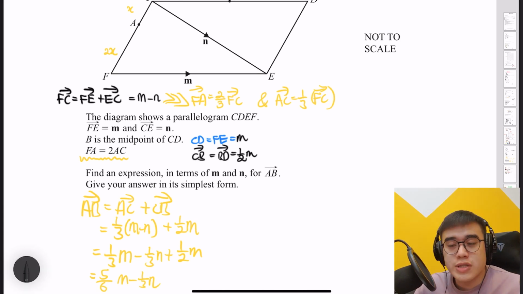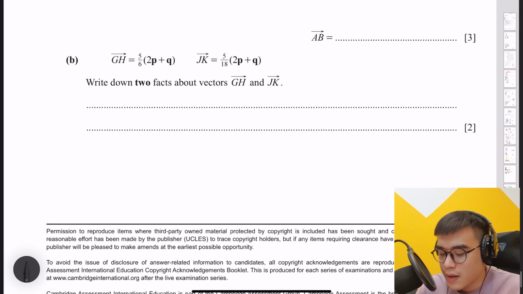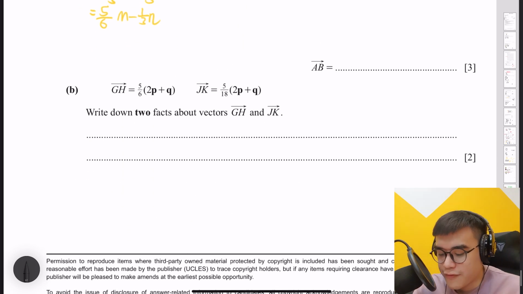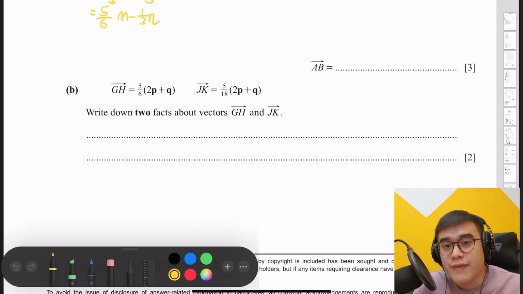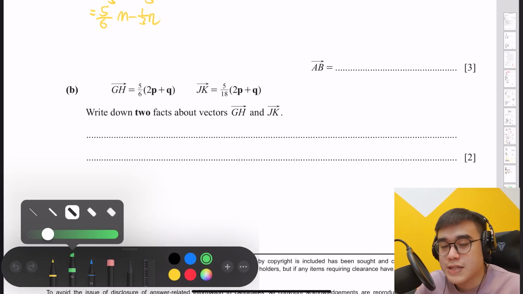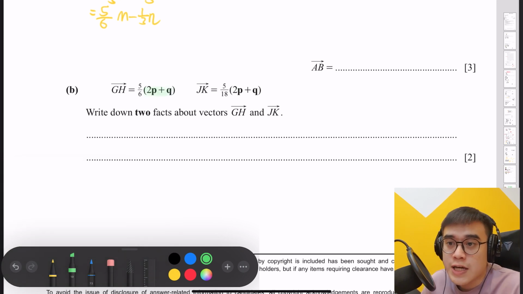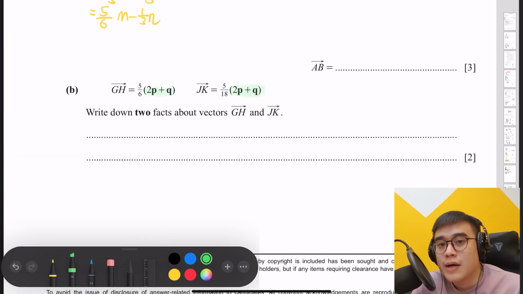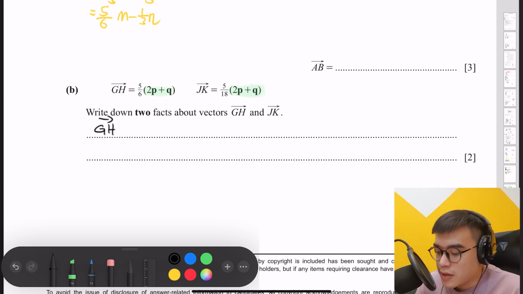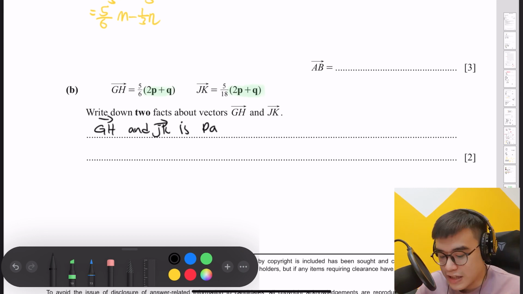The last part of this calculation will be part B over here. First thing, when you notice the vectors' values are the same, it means they are parallel. So this is the first thing that you should identify. Then the next thing is that the values at the front, the fractions 5/6 and 5/18, are actually related.